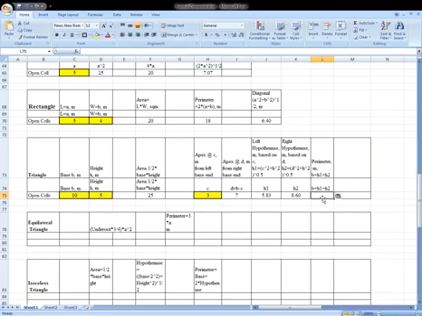So let's say B is this plus H1 is this plus H2 is this, so we got this formula. Sorry here, yes, and we got the perimeter.